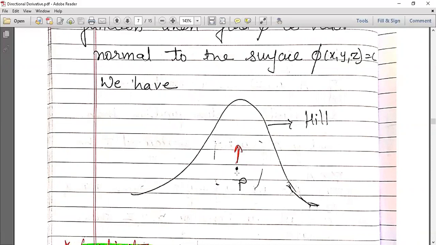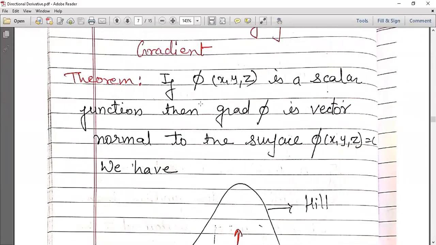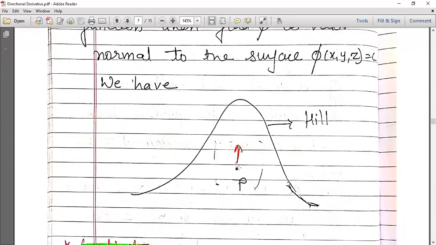The gradient of a scalar represents the following. If we have a function phi, like x square plus y square plus z square, we only have the function and we don't know which direction we need to go. We can go in this direction or in that direction.